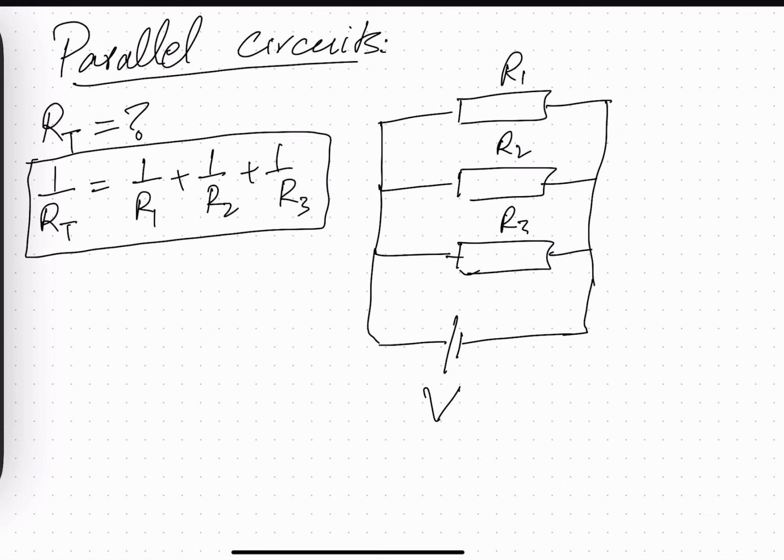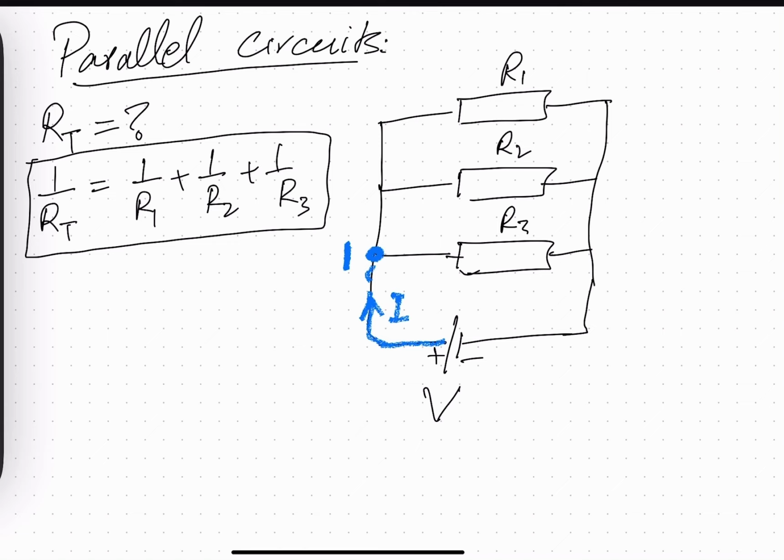Now let's discuss the current. This is the positive side, this is the negative side. The motion of current starts from the positive terminal of the battery. Let's suppose the total current coming from the battery is I. When it reaches this point, let's suppose this is junction 1, there are two possibilities.